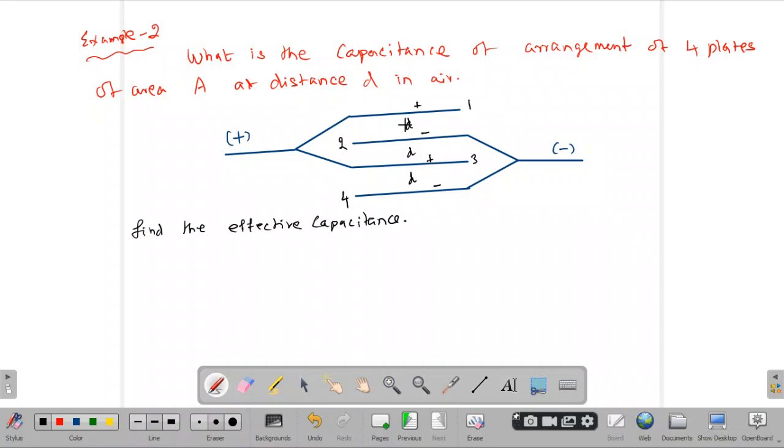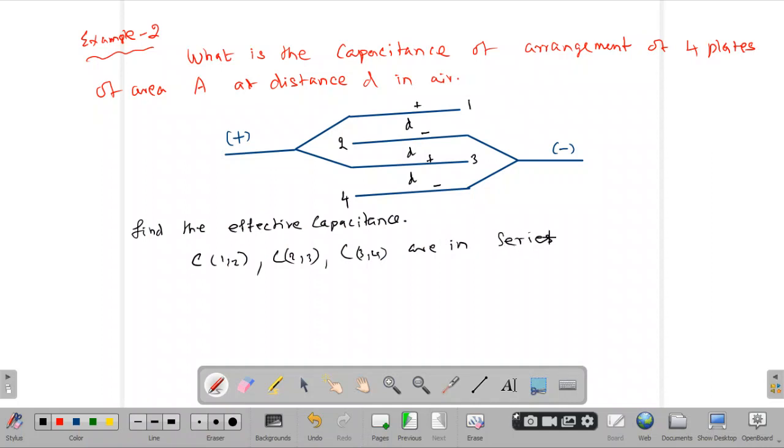So this gives the capacitors connecting 1, 2, the capacitor connecting 2, 3, the capacitor connecting 3, 4, in series combination. Am I correct?